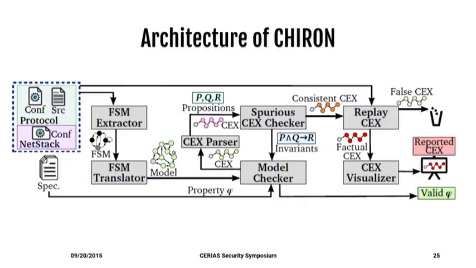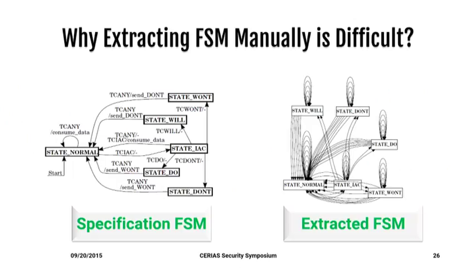Okay. So now the obvious question is, why try to do it automatically? Let's look at the one on the left. This is a specification FSM, from a textbook. The square things are states, the arrows are transitions, and there are two parts: one before the slash and one after.